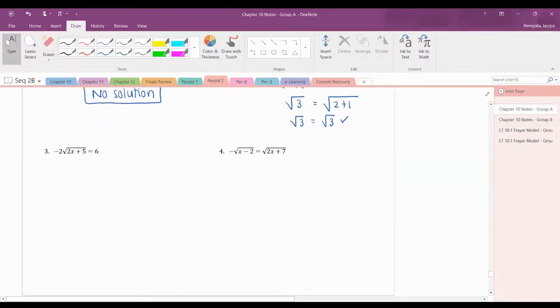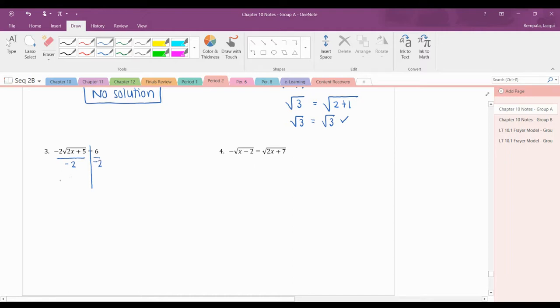If we look at the next example, notice that we have negative 2 times the square root of 2x plus 5 equals 6. My goal, because there's one square root in this problem, is to get the square root by itself. Because there is a number out in front, I'm going to take that negative 2, and because it's technically being multiplied, the opposite would be to divide.